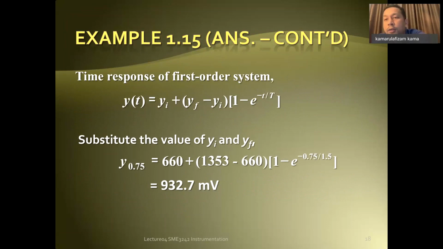So basically, using the same first order equation, you can predict what the voltage output is at any particular time when the first order system is working. So it's good that we can predict the behavior of all engineering equipment.